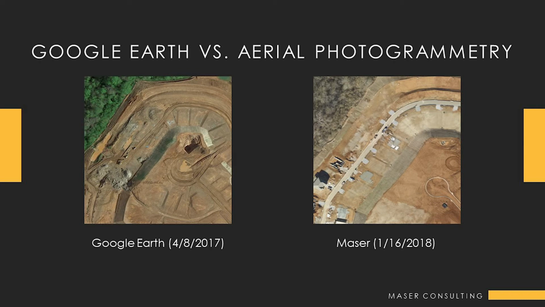On the left, we have Google Earth, which sometimes is not updated for years. And then just coincidentally, when we flew this particular project, some of that subdivision had already been built. So that's good to know when you're contemplating where to put a gas pipeline through.